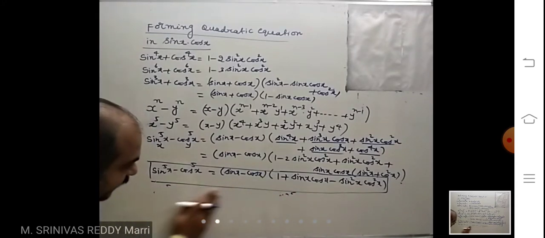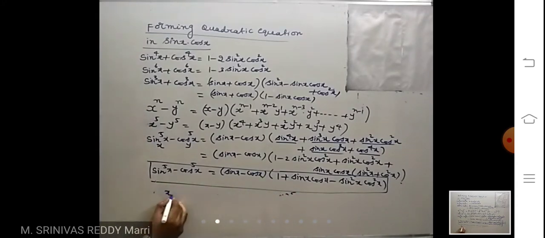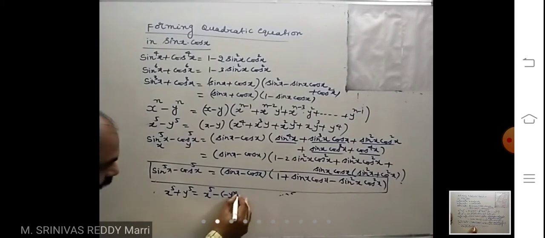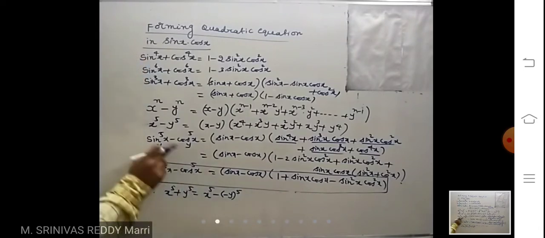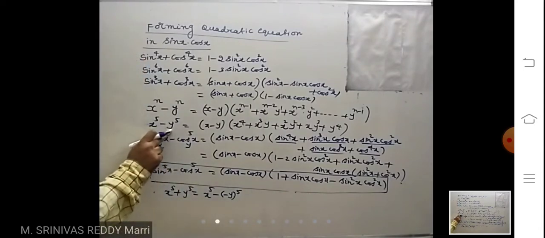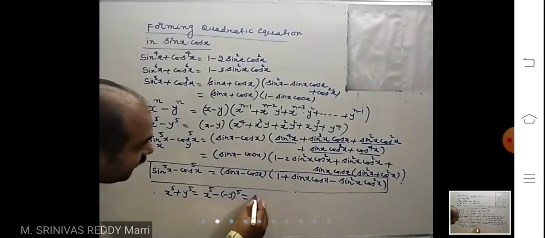Right? That means look here, x power 5. Suppose the formula is x power 5 plus y power 5. Whenever you write x power 5 minus of y to the power 5, that means in this formula replace y by minus y.